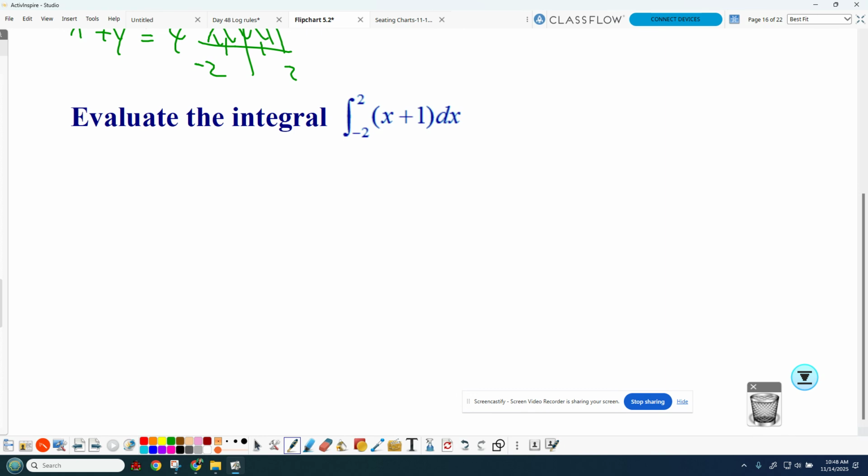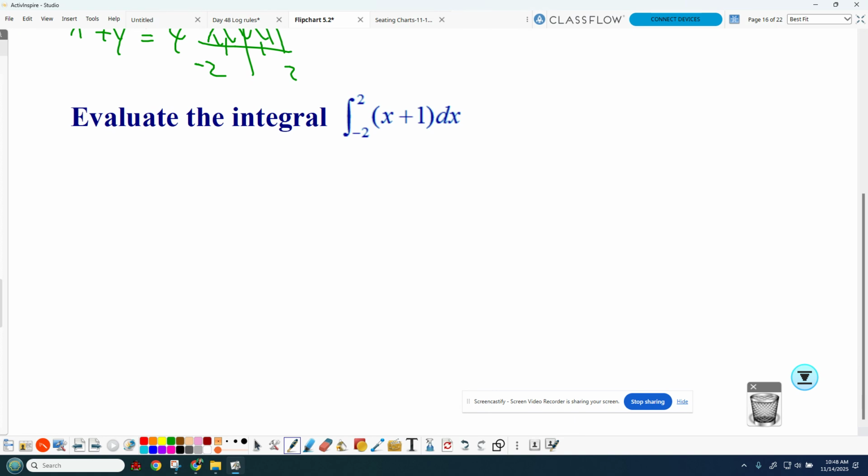Super close. The area is negative 1/2, but it's below the x-axis, so it's negative. So just B times 9, 8/2, so it's 4.